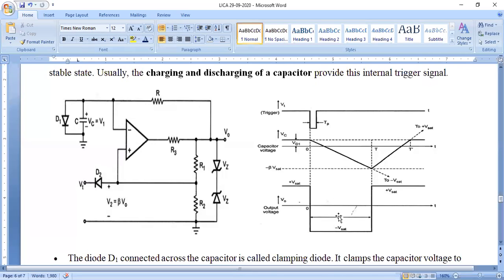The capacitor discharging is constant with respect to the quasi-stable behavior, whereas previously the capacitor was charging and the output was at plus V saturation. So this all happened before we applied this particular negative shot.